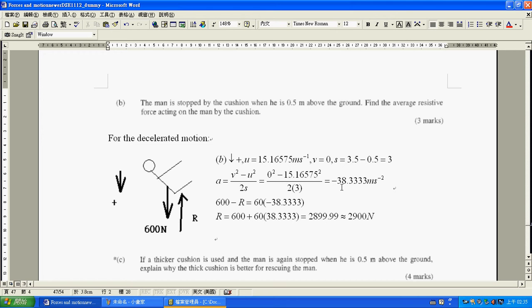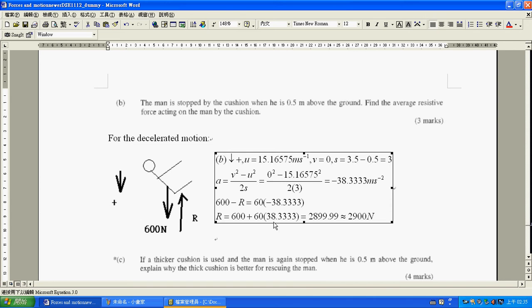Put in the numbers, we get minus 38.3, and we apply Newton's second law. So the net force is 600 minus R equals ma, and then we get R is about 2,900 newtons.